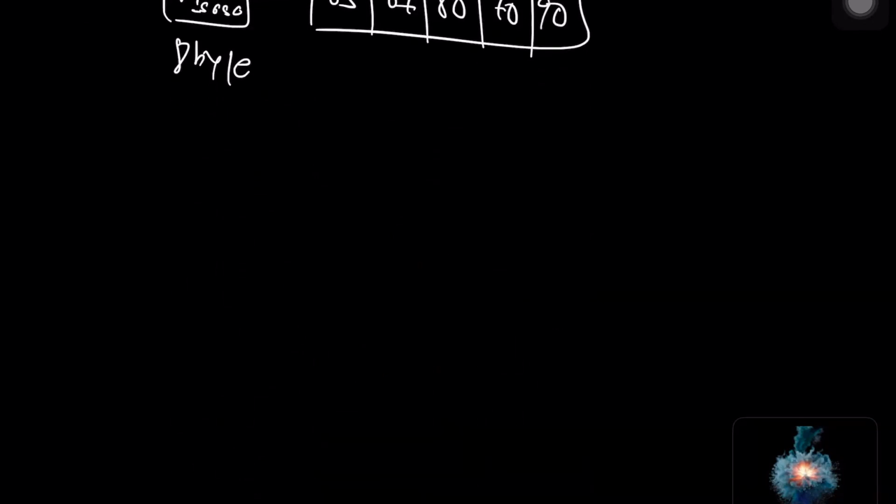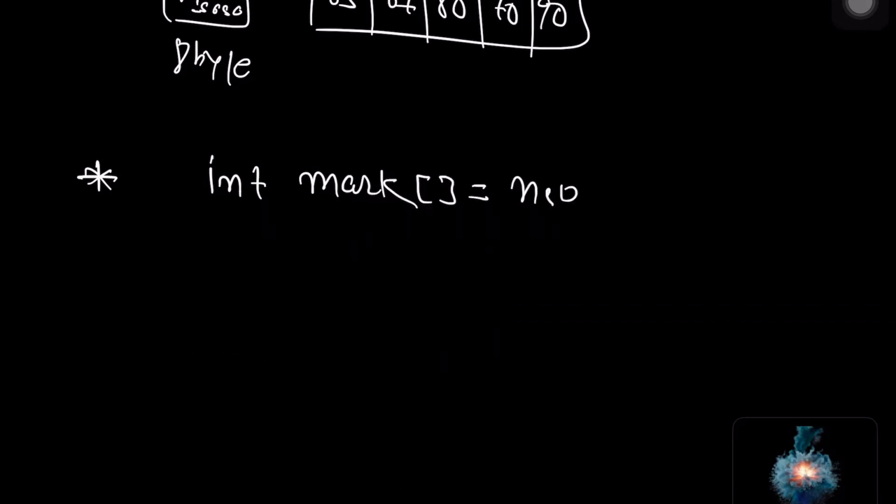So exactly what is array declaration? We have seen declaration, construction, initialization. Now in a single line, how does it work? Let's assume you want to create an array in a program. You can directly write int mark equal to new int and then the size.